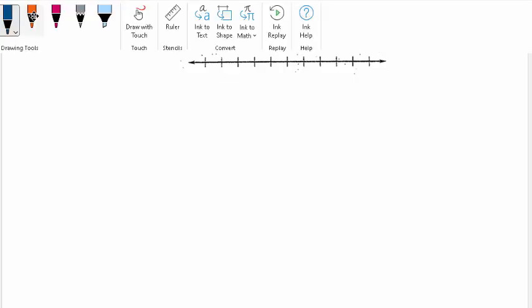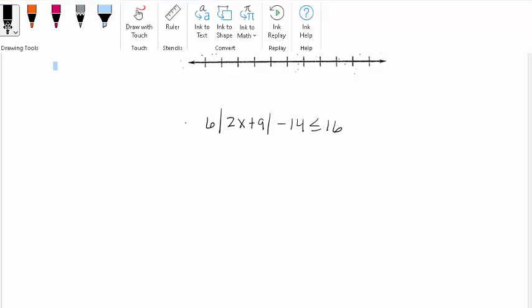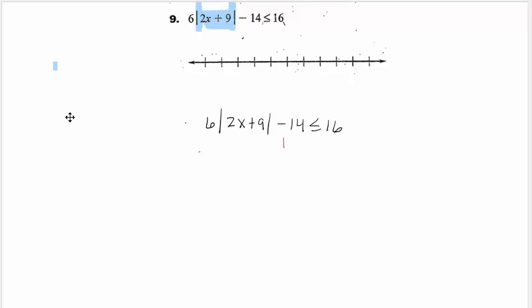For this one, it's a little bit more involved, but same idea. We have to get this whole thing by itself, so we have to get rid of the negative 14 and the 6. We have 6 times the absolute value of 2x plus 9 minus 14 is less than or equal to 16. The first thing we get rid of is anything that's not stuck to the variable. So first we're going to get rid of that 14, so we'll add 14. 6 times the absolute value of 2x plus 9 is less than or equal to 30.